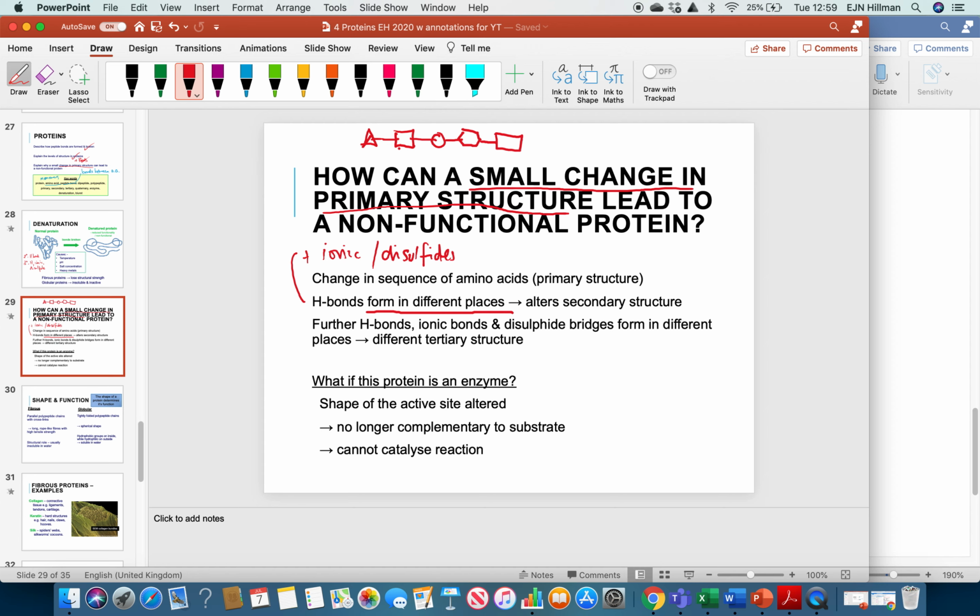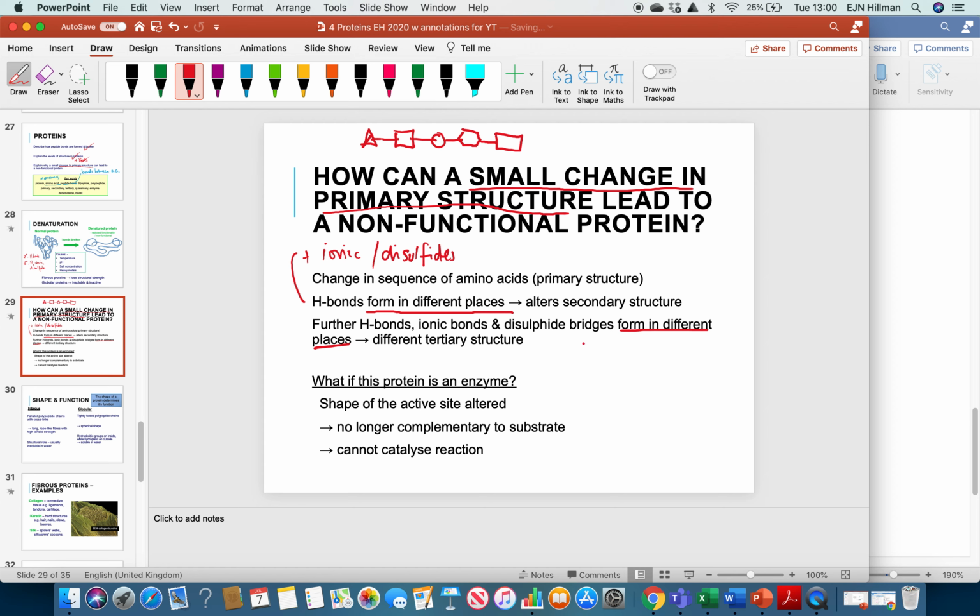Perhaps it would prevent an alpha helix or a beta pleat from forming, or cause it to form in the wrong place. Okay. In the tertiary structure, those hydrogen bonds, ionic and disulfide bonds between the R groups, they could also form in different places, in different positions.